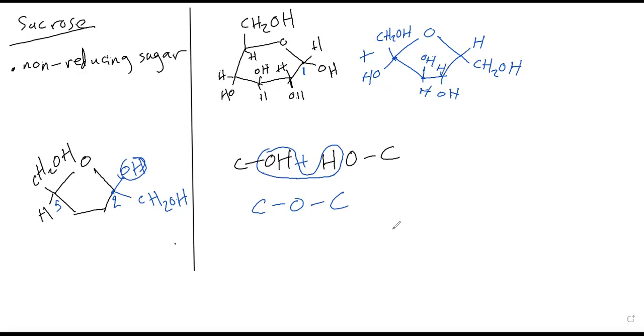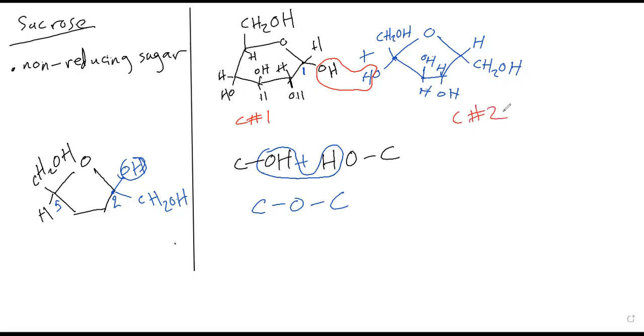All right, so all you're going to do now, take off OH from one of them and H from the next one. So for this reaction, it is carbon number 1 from glucose and carbon number 2 from fructose.